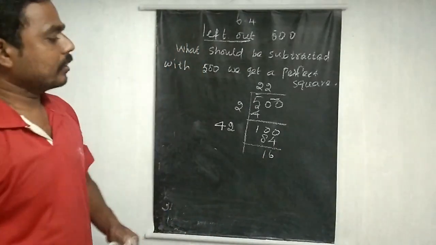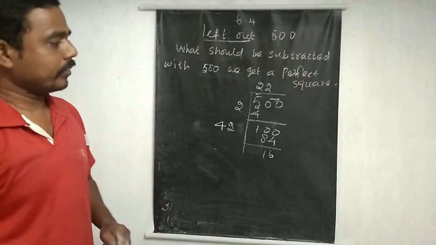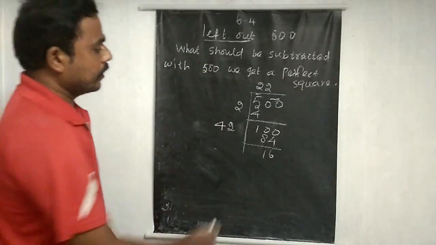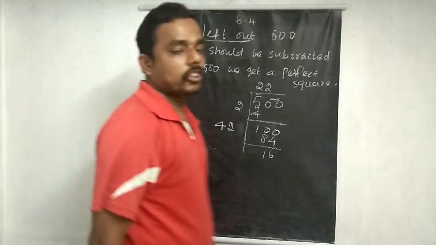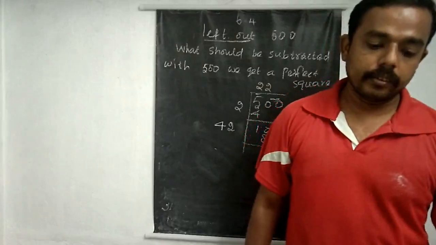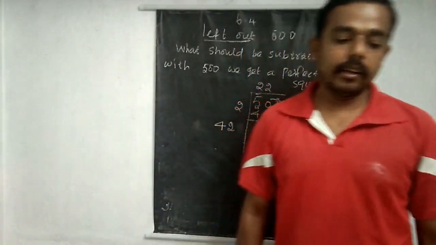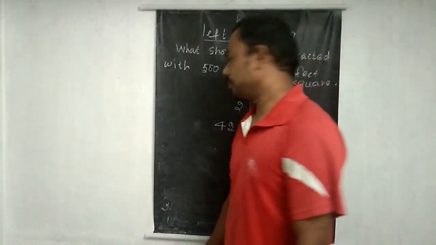So we can leave out 16. So what should be subtracted? This is the meaning of this question. If we subtract this, the students will stand in such a manner that the number of rows is equal to the number of columns.